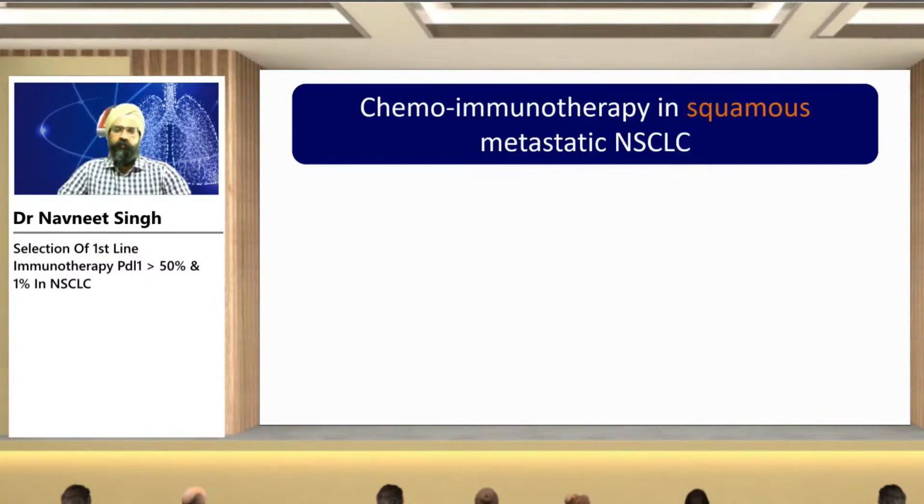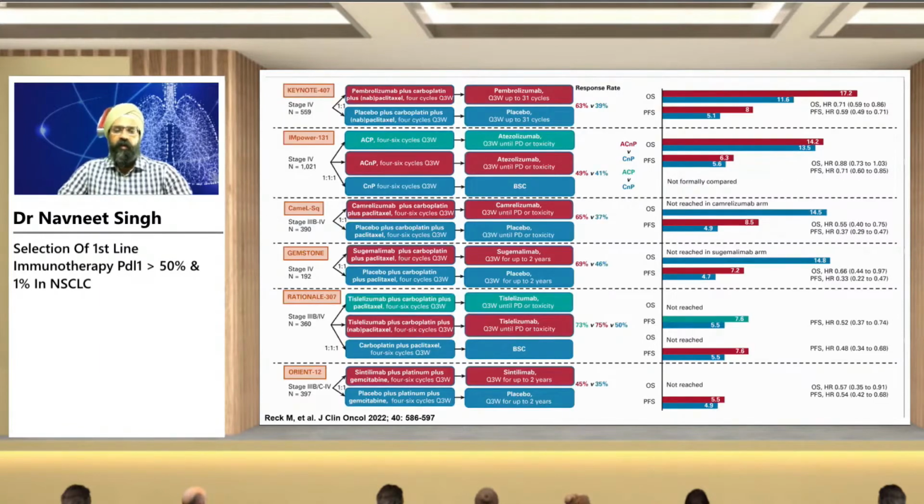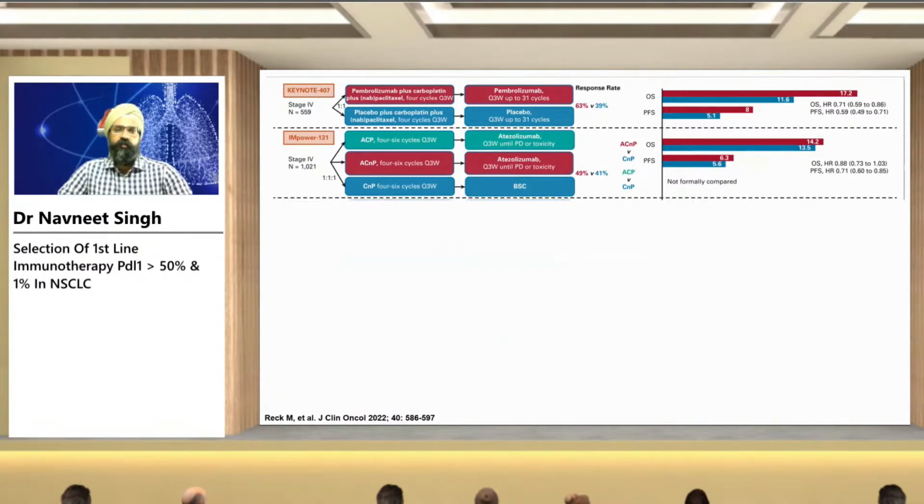Coming next to the combination for squamous disease, again, a very big list of all the important drugs. Similarly, to restrict ourselves to what is available in our setting, it's either pembrolizumab or atezolizumab. Here, of course, it is Keynote 407, in which pembro was combined with carbo and pacli or nab-pacli, and the Empower 131.